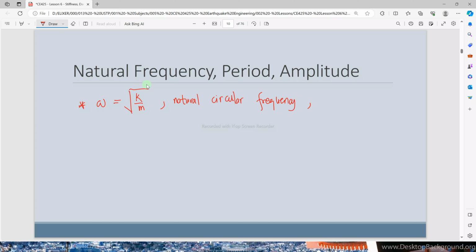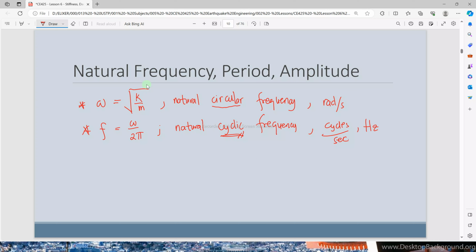And then its unit is in radians per second. We also have our frequency f. This is omega over 2 pi. So we also call this our natural cyclic frequency. Because the unit is in cycles per second or hertz.